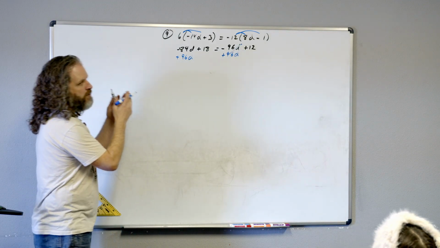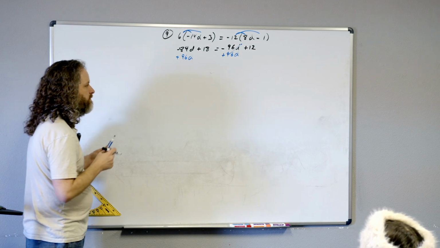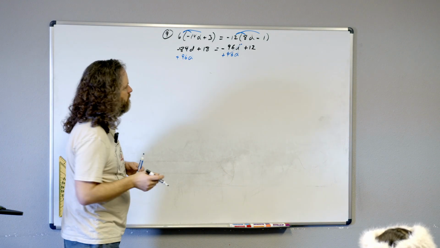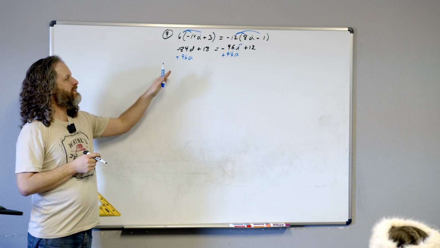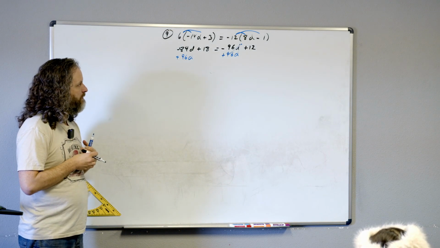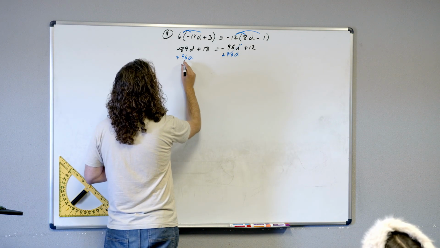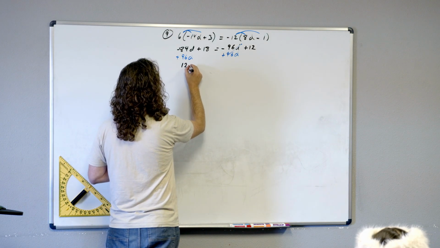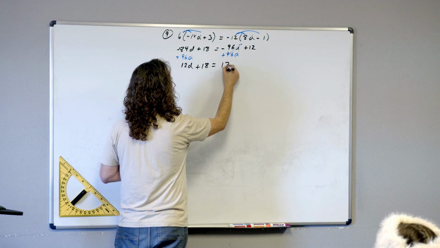What's negative 84d plus 96d? It is not negative 12. It is positive 12. The bigger one's 96, right? So positive 12d plus 18 equals 12.